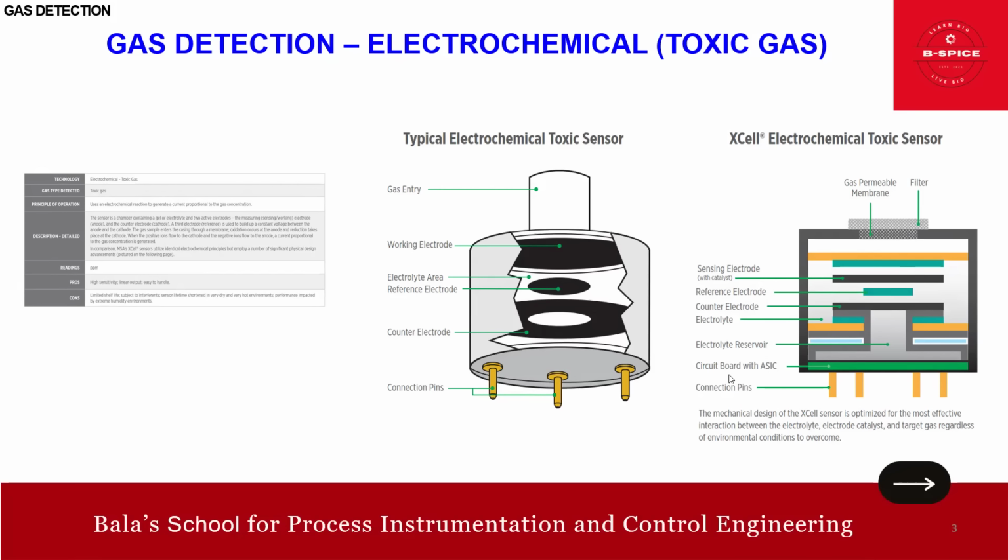Additionally, we have a circuit board with an ASIC. The mechanical design of the Excel sensor is optimized for the most effective interaction between the electrolyte, electrode catalyst and the target gas, regardless of the environmental conditions, to overcome these limitations.